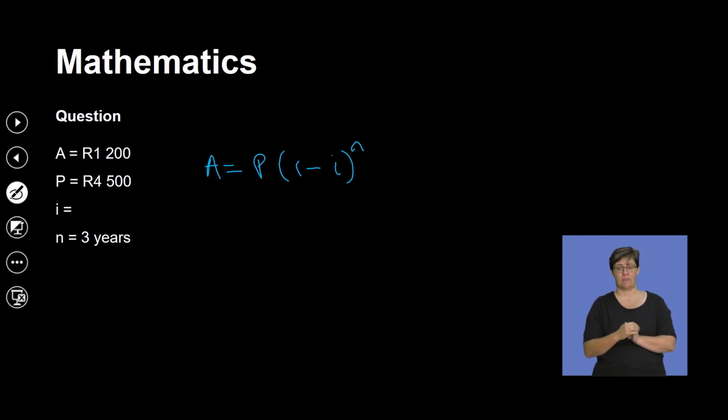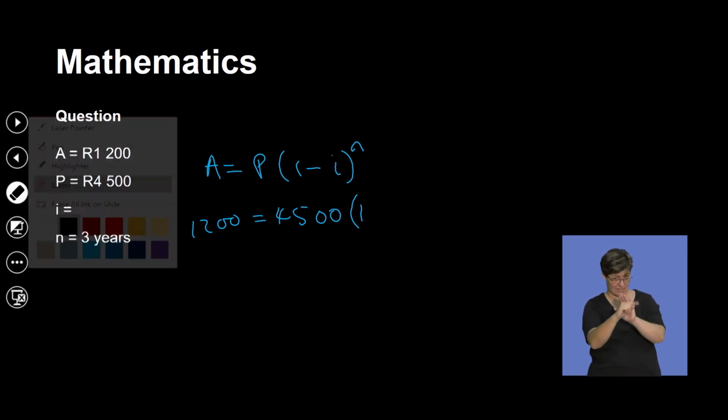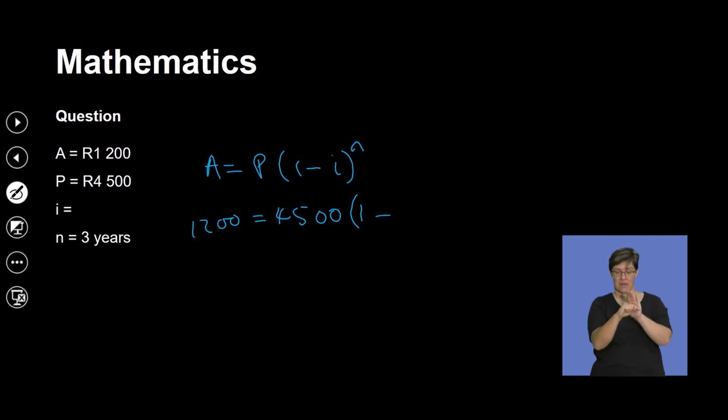So this is 1,200. Remember that A is always less than P when we talk about depreciation. And this will be 4,500 into 1 minus, not plus, I, which I do not know, to the exponent of 3.